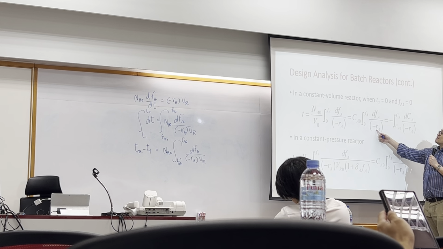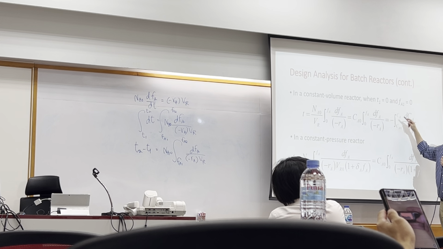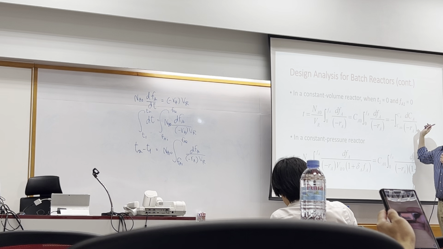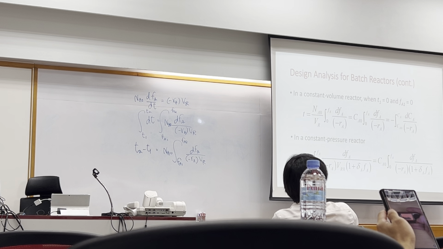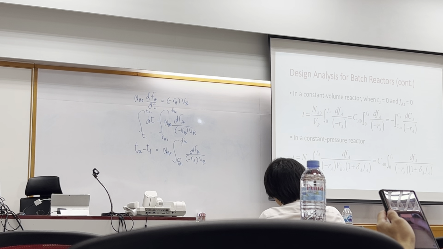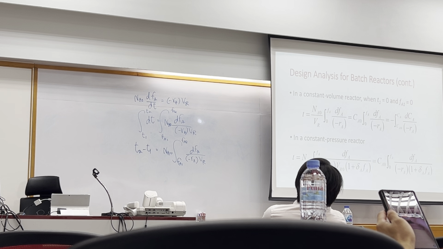But sometimes you want the dFa to be dCa, because the rate expression is a function of Ca, right? For example, minus Ra is equal to K Ca to the n power, right?